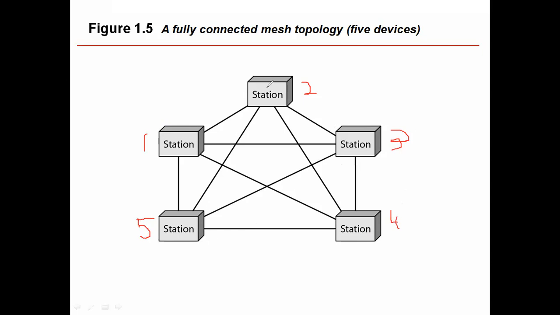If I want to connect all these 5 stations, station 1 and 2 must be connected, station 1 and 3, station 1 and 4, and station 1 and 5. So I have to take 4 connections from one system: 1 to 2, 1 to 3, 1 to 4, 1 to 5.